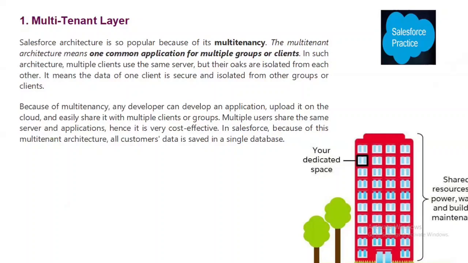The data of one client is secure and isolated from other groups of clients. Any developer can develop an application, upload it on the cloud, and easily share it with multiple clients or groups. Multiple users share the same server and application, hence it is very cost effective. In Salesforce, all customers' data is saved in a single database.